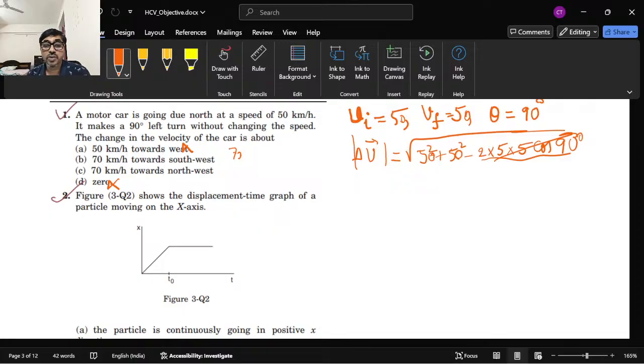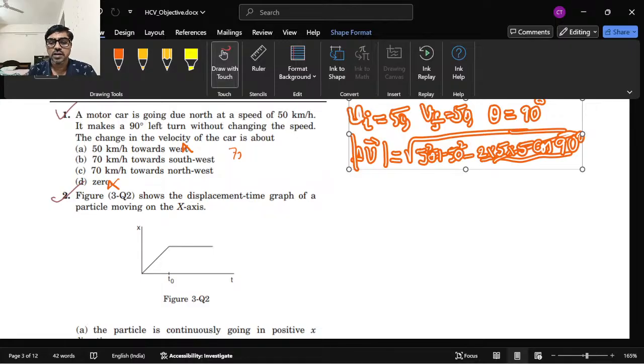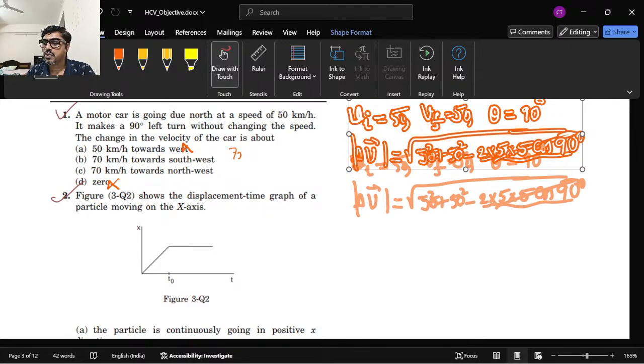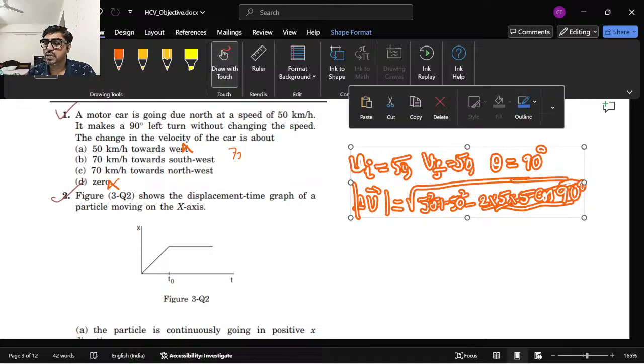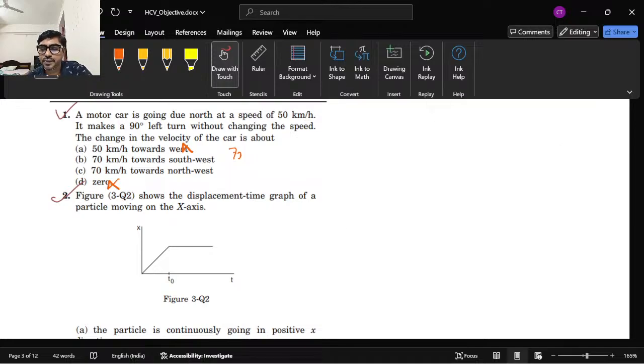So now we need to look at the direction here. To understand the direction, let me draw the diagram now. So you have, let's say this is east, this is north. Initially how was it going? It was going due north.